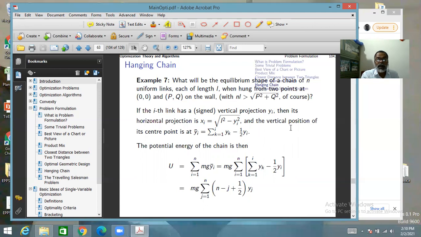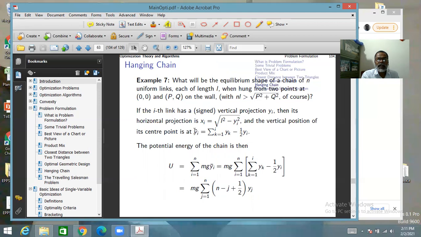And the vertical position of the center point will be the sum of the previous ones, including this one, minus half yi. If you sum up till the previous one, not including the current one, then here it will be i minus 1 and this will be plus. It is the same thing.